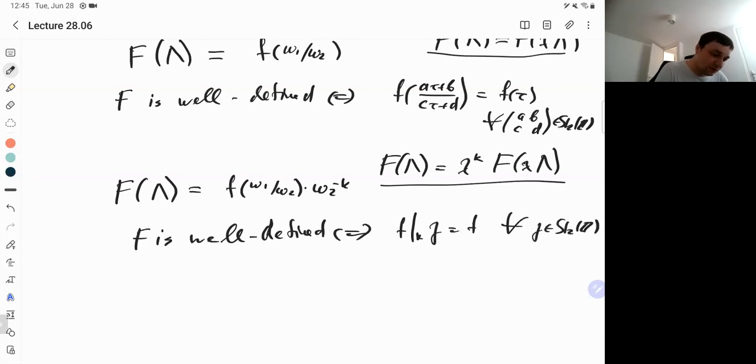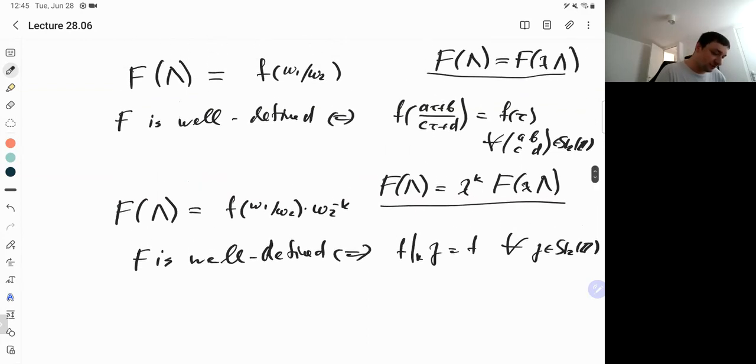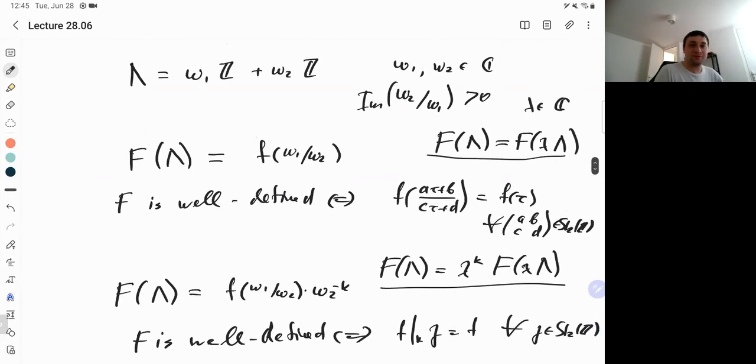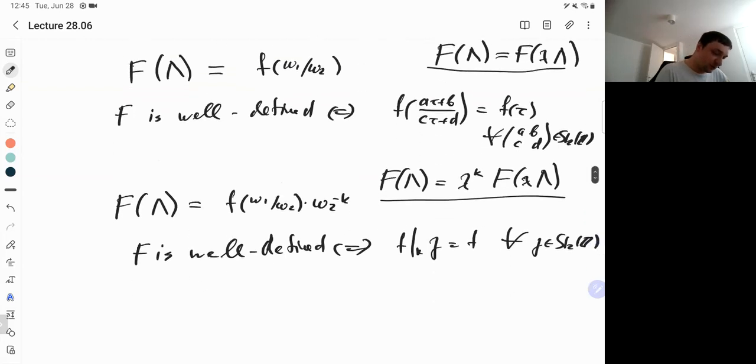And again, I'm abusing notation a bit, so it's PSL2Z or SL2Z, but here it doesn't really matter. So really, this condition is quite natural if you think about these functions as functions on the space of lattices, which you want to depend only on the geometry, not on the actual basis choice.